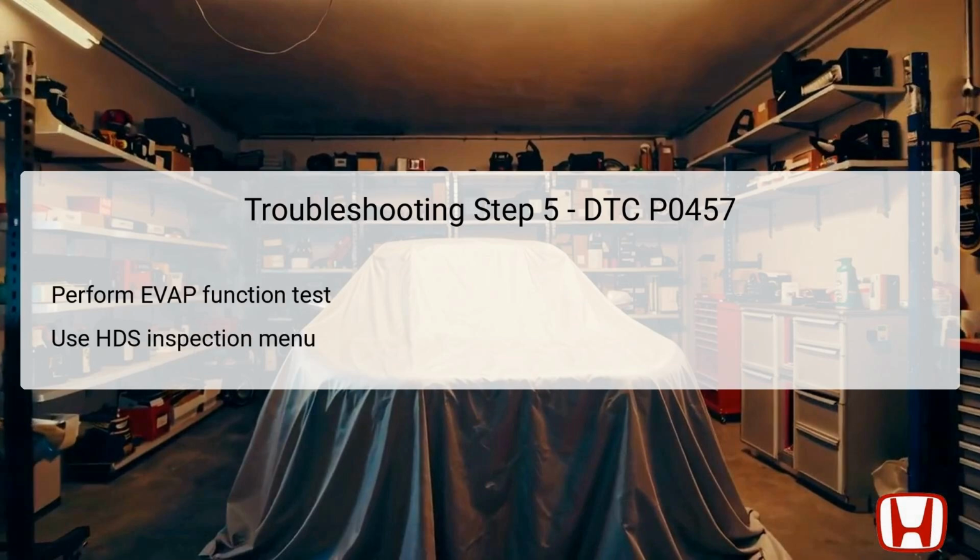The fifth step requires performing the EVAP function test via the HDS inspection menu. This test methodically evaluates the EVAP system's functionality, checking for proper operation of all components involved. It's a critical step because it helps determine whether the system is functioning, signaling that the issue might be an intermittent failure rather than a permanent fault.